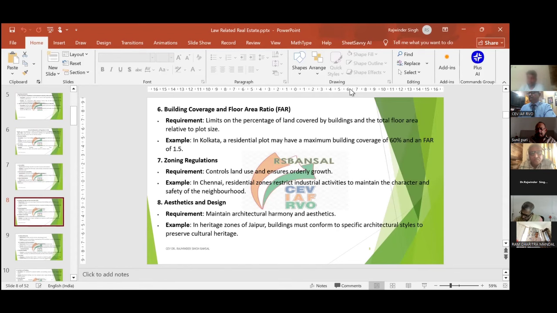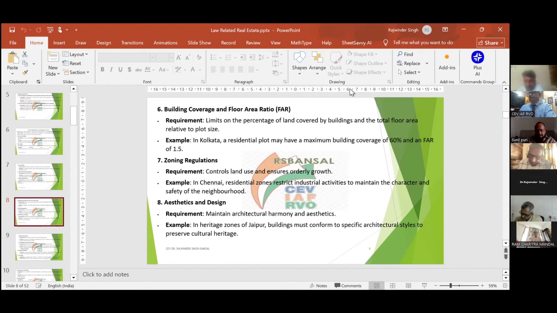Floor area ratio is how many times you can have total plinth area as compared to plot area. It means total covered area of all the floors divided by plot area, that will give you floor area ratio. This is also called floor space index many times.